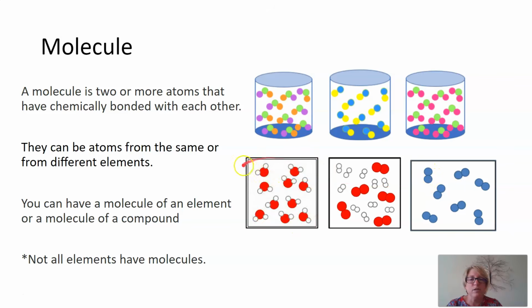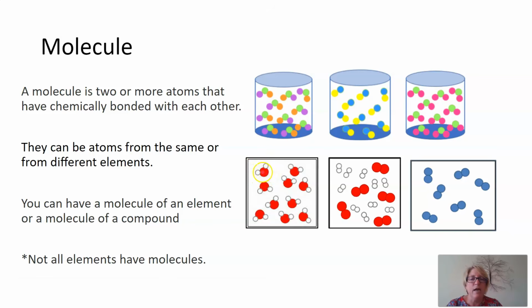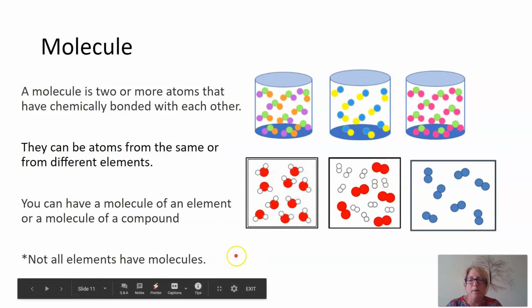In this block, here is a molecule, but it's got atoms from two different elements. You can have a molecule of an element, or you can have a molecule of a compound. So here is a molecule of an element, and here is a molecule of a compound. In this diagram we have a molecule of an element, and here we have a molecule of another element. Please just remember that not all elements have molecules.